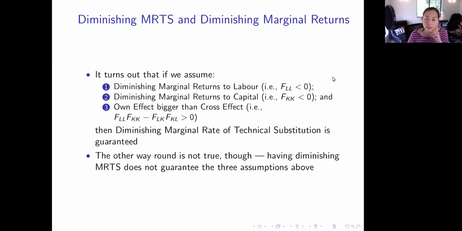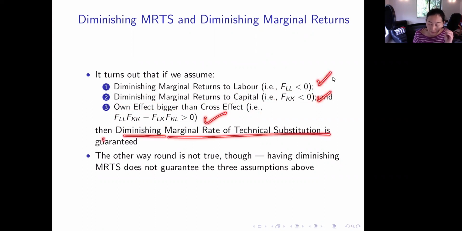It turns out that if we assume diminishing marginal returns to labor and diminishing marginal returns to capital, or FKK is negative, and also the own effect is bigger than the cross effect, which is this, then we guarantee diminishing MRTS. So if we have this condition and this condition, it implies that we must have diminishing MRTS.